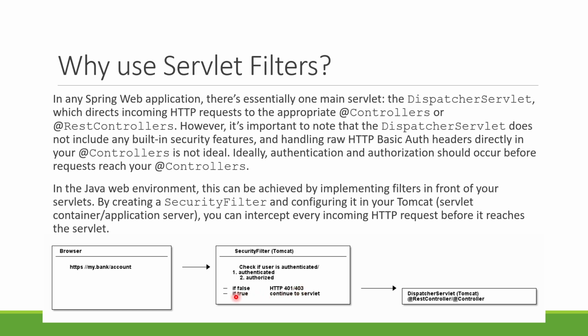And if the request passes authentication and passes authorization, it will continue to the servlet. The servlet is our dispatcher servlet. The dispatcher servlet eventually will redirect the request to a REST controller or controller based on our application. So this happens naturally because the filter is going to be executed before the servlet.